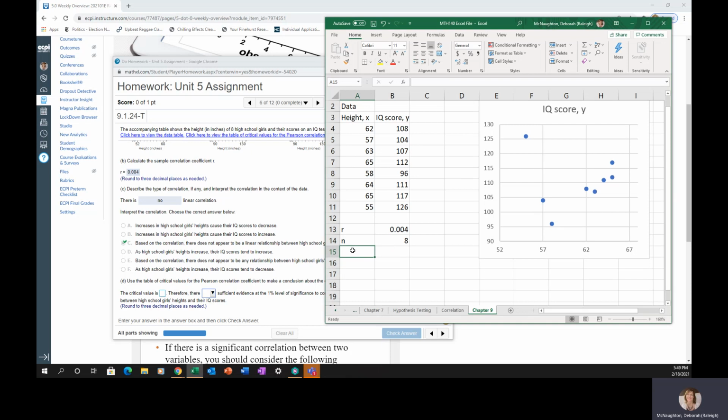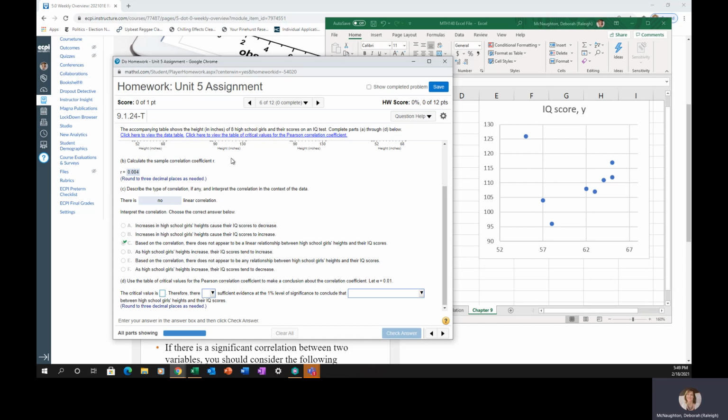And then my degrees of freedom is N minus 2. So this is equals N minus 2. Okay, so my degrees of freedom are 6.